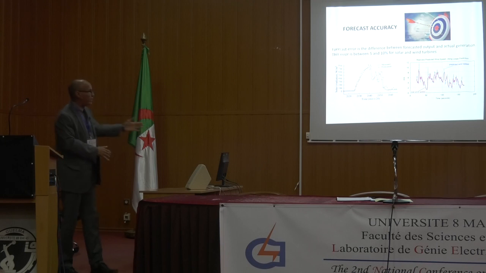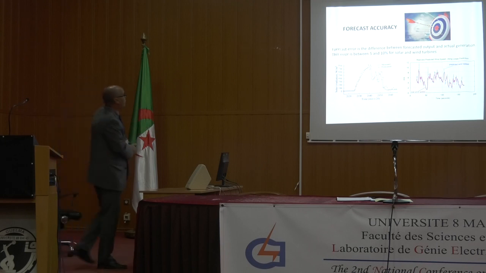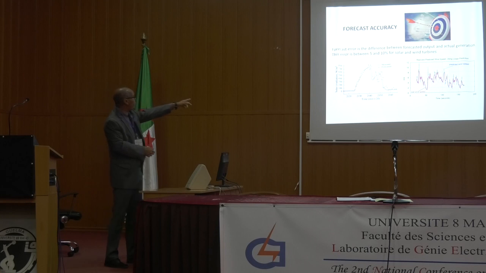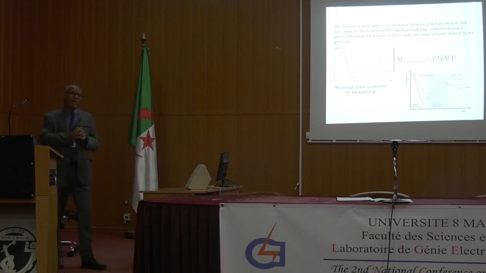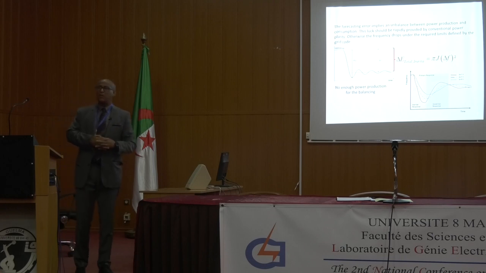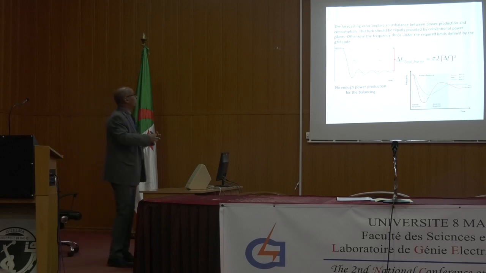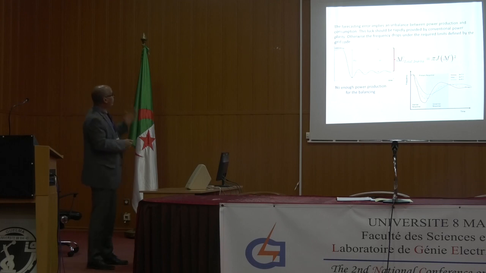This is what the literature says, for solar and wind. Here we have two types: for solar, the actual, forecasted and measured, and for wind turbines. Okay. Let's start with frequency, because frequency means the stability of the electrical network. If we have a lack of energy, the forecasting error implies an imbalance between power production and consumption.